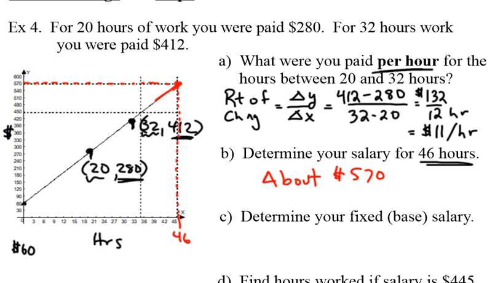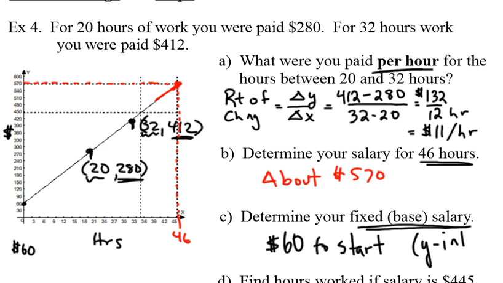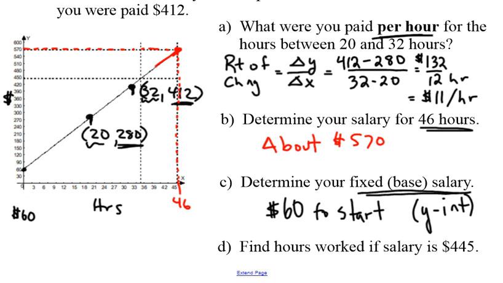What's your fixed or base salary? And that's what we just pointed out. Without doing any work, your base salary is $60 to start without doing any work, which is represented by your y-intercept. The y-intercept gives important information. And how many hours have you worked if your salary is $445?